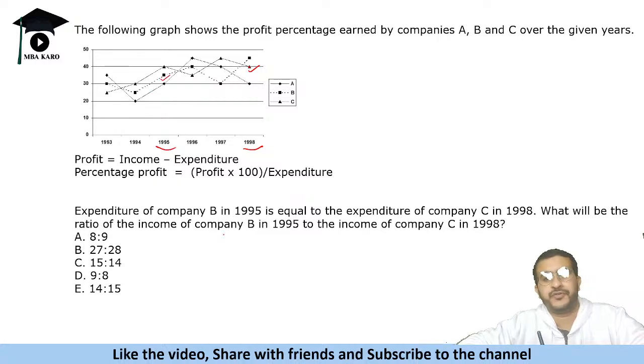What will be the ratio of income of company B to the income of company C in 1998?